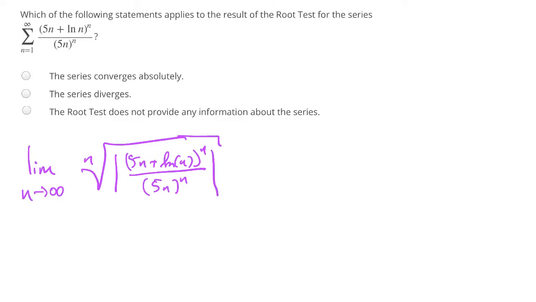And it's with this that we really begin to see why we would choose the root test to begin with, because our terms are naturally raised to an nth power, that seems a logical choice to simplify our algebra a lot. We get rid of that nth root. So the nth root kills off the nth power, and so we just have 5n plus natural log of n divided by 5n.